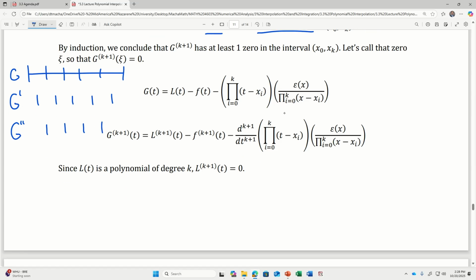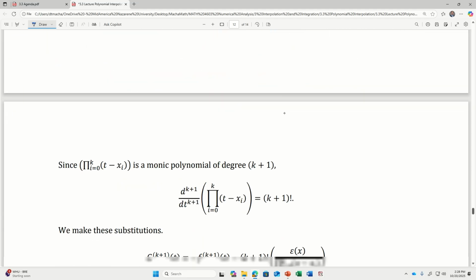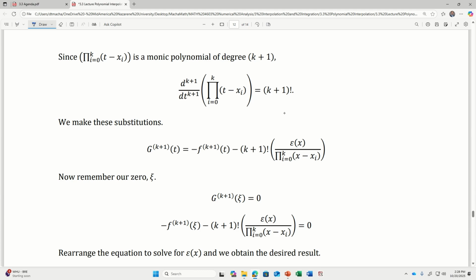Since L of t is a polynomial with degree k, when I take k plus 1 derivatives, it's just going to be 0. Since this product, the largest degree of t I would get out of this product is t raised to the power k plus 1, and it would have positive 1 as the leading coefficient. We say that's a monic polynomial of degree k plus 1.